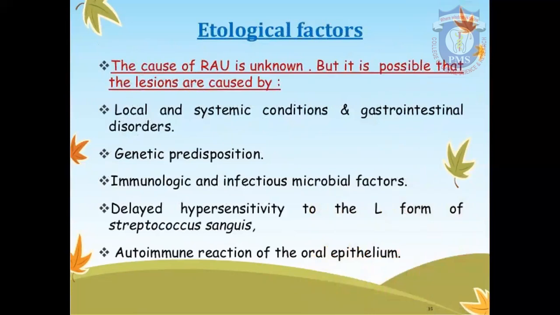Coming to the etiology, the cause of recurrent aphthous ulcers is unknown, but it is possible that the lesions are caused by local and systemic conditions and gastrointestinal disorders, genetic predisposition, immunologic and infectious microbial factors, delayed hypersensitivity to the L form of Streptococcus sanguis, and autoimmune reaction of the oral epithelium.